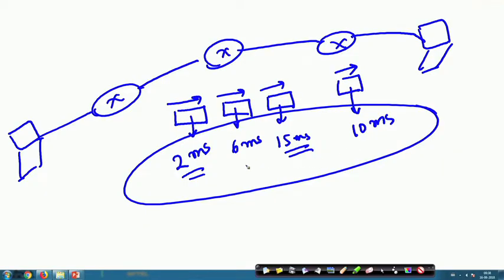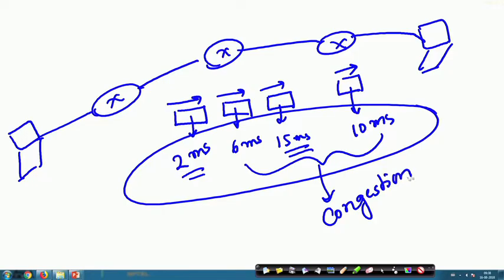It may happen that when the first 2 or 3 packets were being transmitted, you had congestion in the network, and as a result the packets experienced more waiting time inside the packet queues at these intermediate routers.